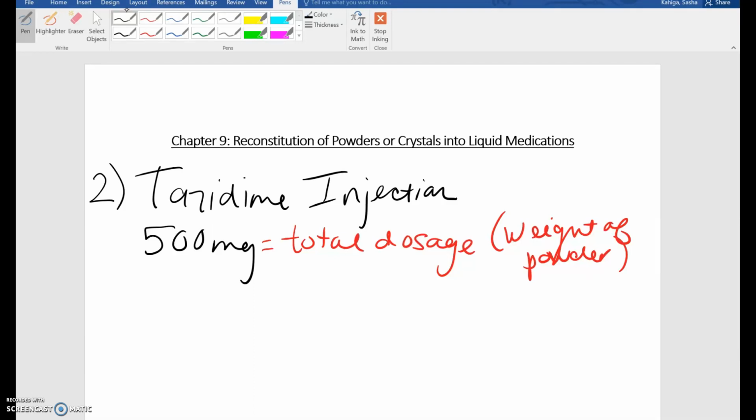For IM, which is intramuscular solution, add 1.5 milliliters of an approved diluent, and it provides an approximate volume of 1.8 milliliters, which gives you 280 milligrams per milliliter. All right, so I'm going to pull out these numbers.